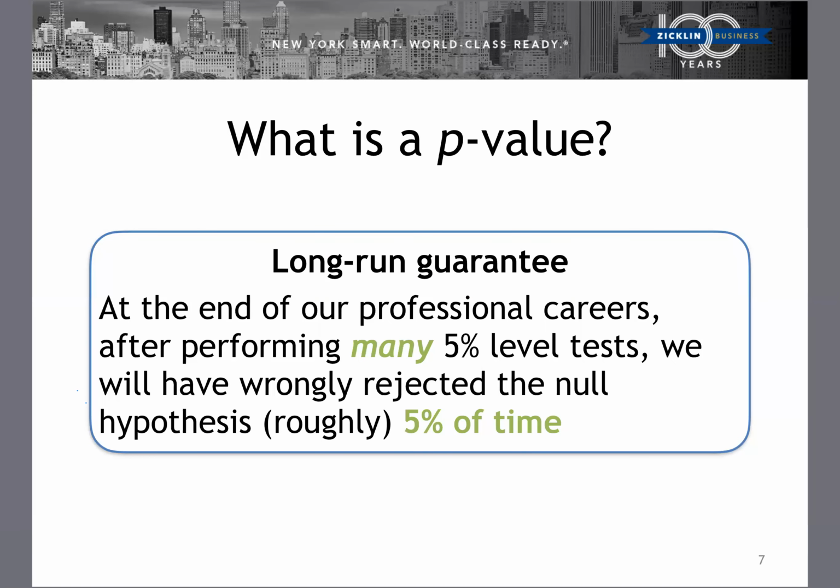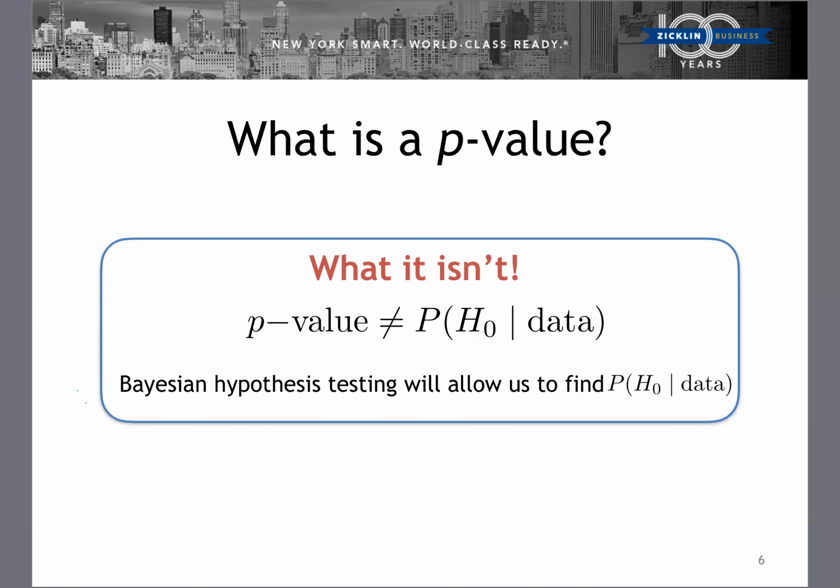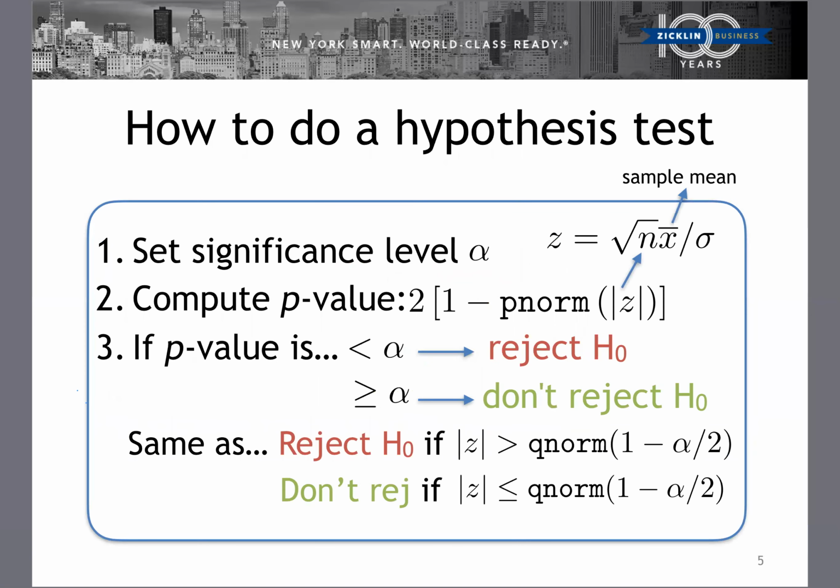So now the natural question to ask yourself is, what is a p-value? And the answer is, it's hard. Here I have my best shot at interpreting what p-values are. The idea is that if you use this algorithm to reject the hypothesis or not at, say, the 5% significance level, you will wrongly reject the null hypothesis 5% of the time.